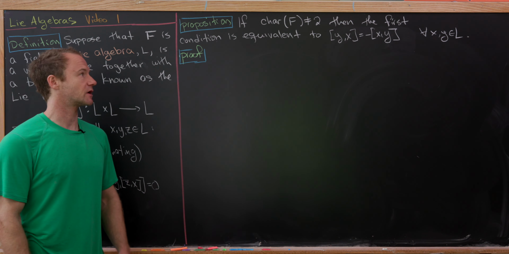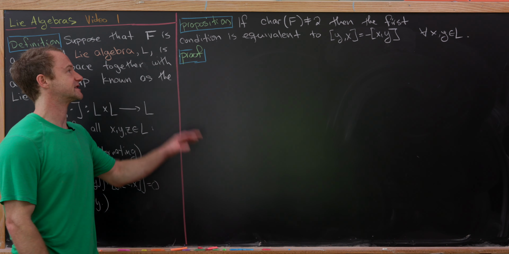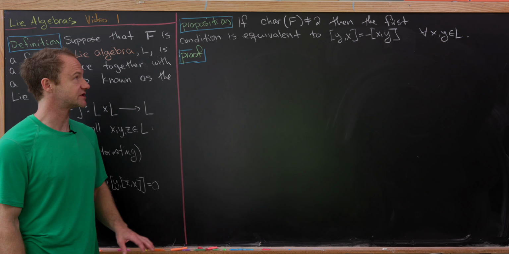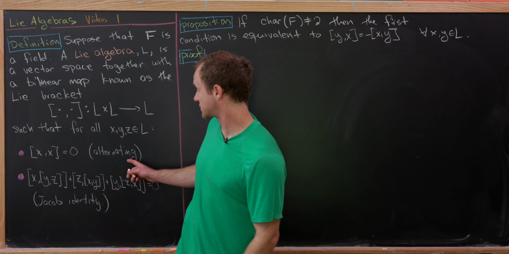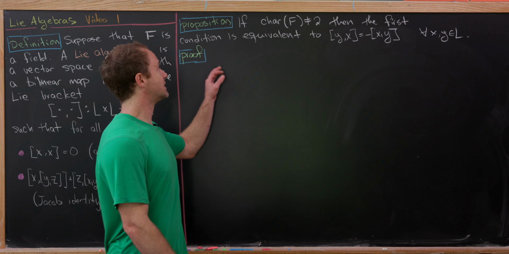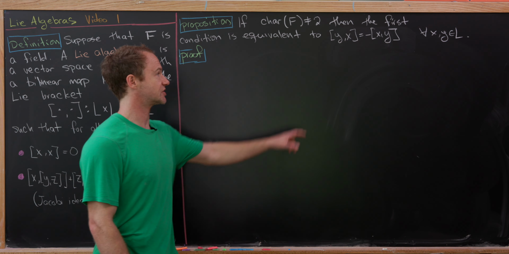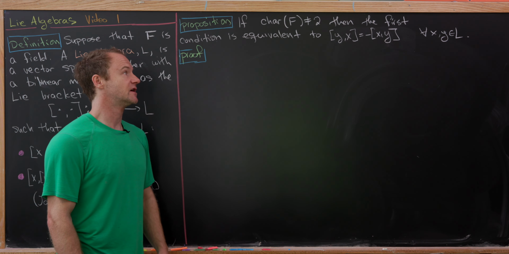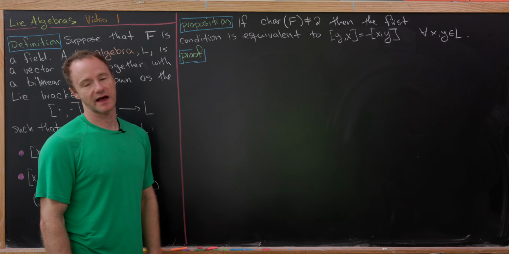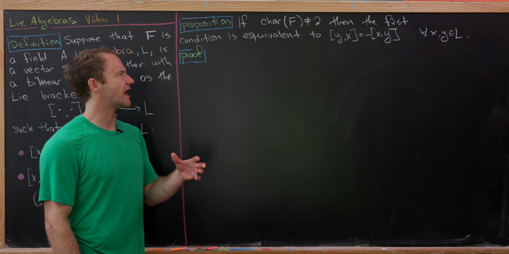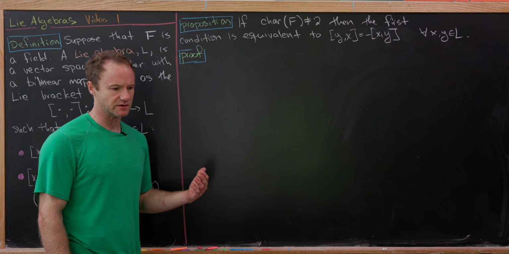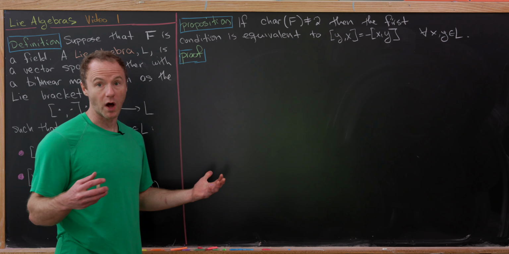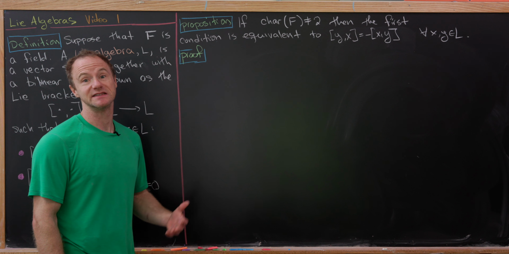So let's jump right into our first little result before we look at some examples. And that will be if the characteristic of F is not equal to 2, then this first alternating condition can be replaced with the following condition that says bracket yx is equal to negative bracket xy for all x, y in L. Let's recall that the characteristic of a field is the number of times that you can add 1 to itself and get 0.